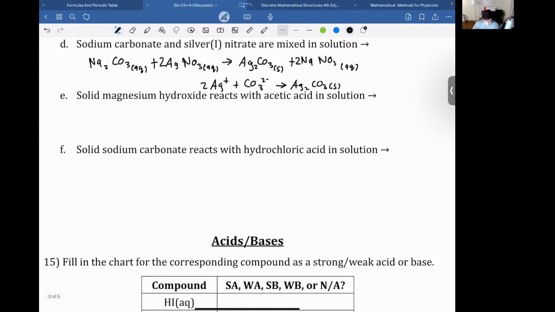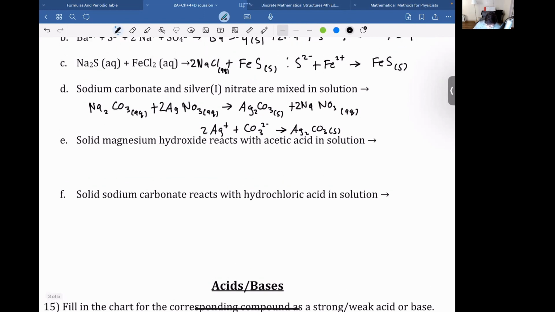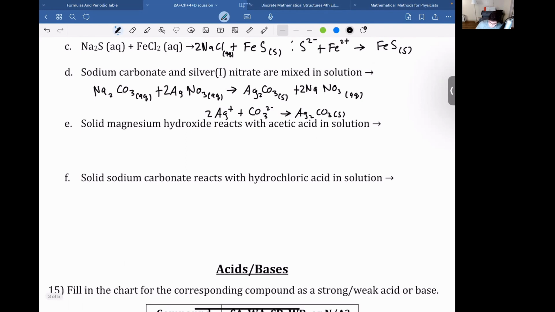Solid magnesium hydroxide reacts with acetic acid in solution. Okay, so solid magnesium hydroxide is Mg(OH)2.